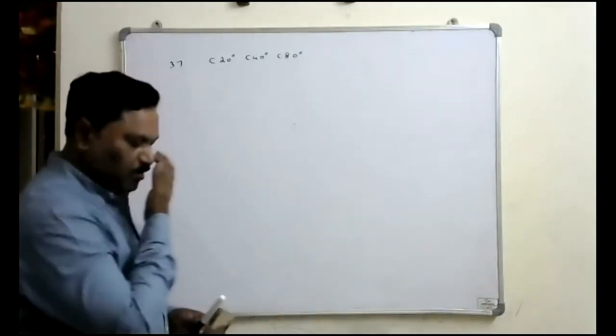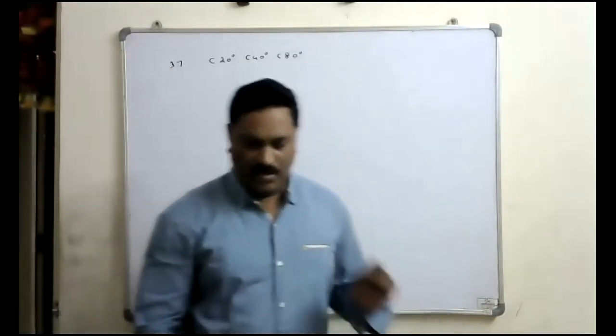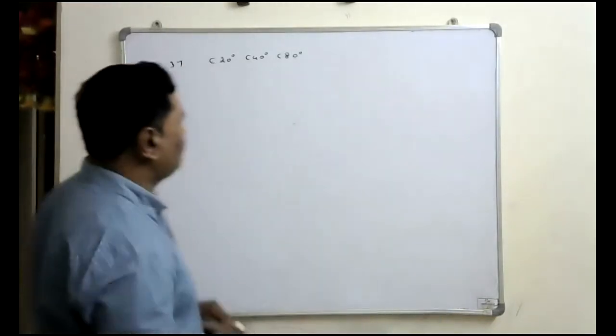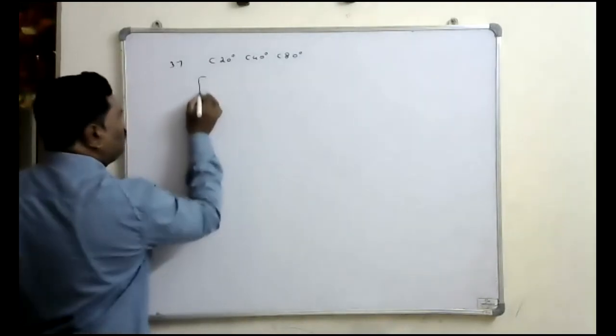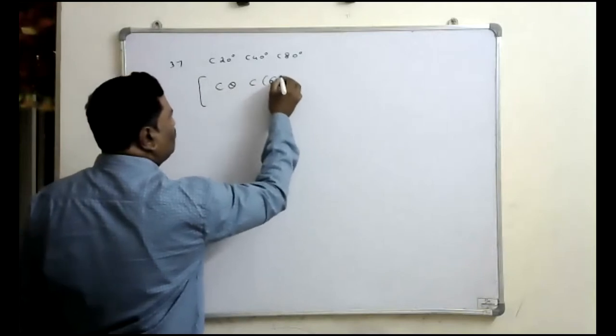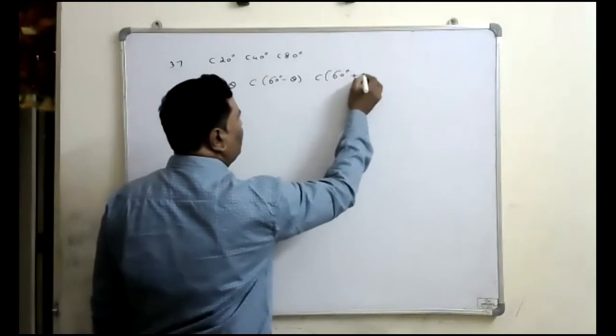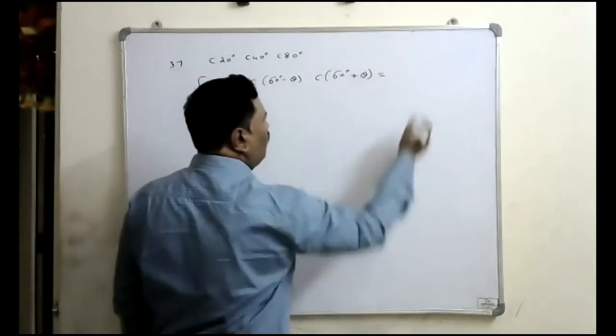In the last class, I gave you a result: cos theta into cos 60 degree minus theta into cos 60 degree plus theta. This result we know. What is the formula for it?